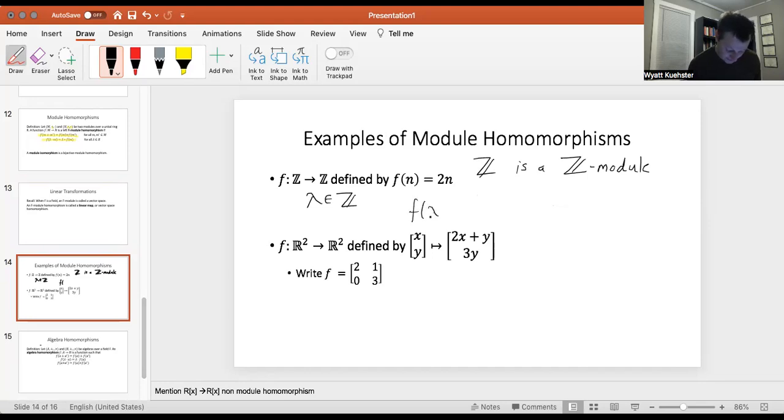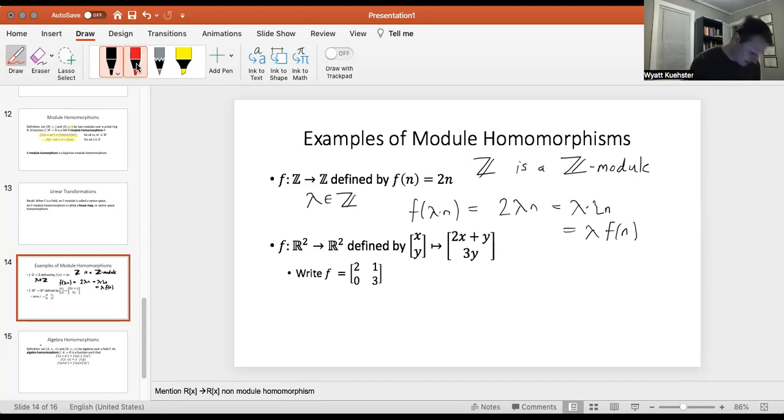But f of lambda times n is 2 times lambda n. And this is all just multiplication of integers by more integers. So 2 lambda n, which is the same as lambda times 2n, which is the same as lambda times f of n. So this is a Z module homomorphism, this map that we've seen like 3 times.